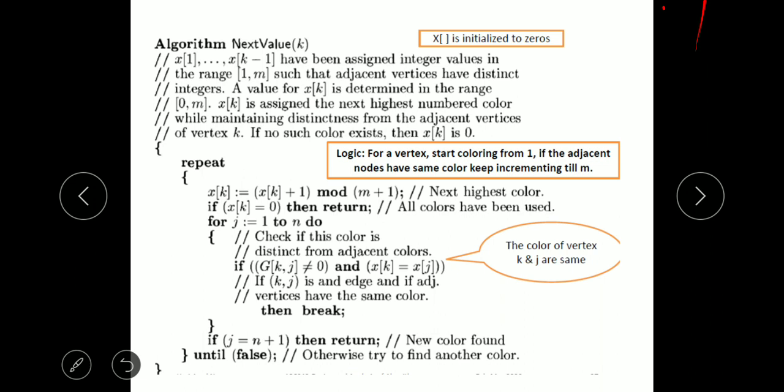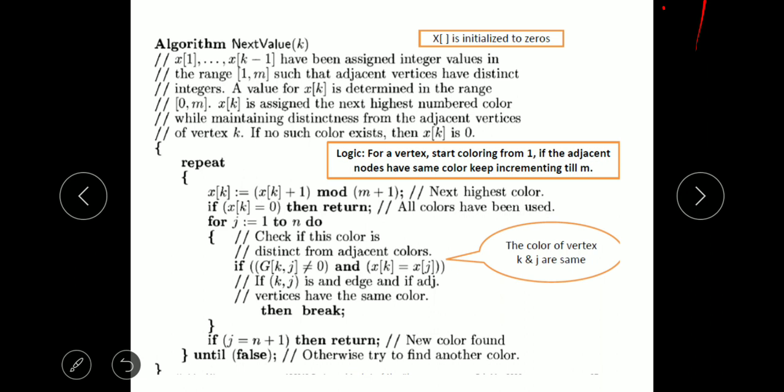The value of x of k is determined in the range 0 to m, and x of k is assigned the next highest numbered color while maintaining distinctness from the adjacent vertices of vertex k. If no color exists to be assigned to a particular vertex, then x of k becomes 0.